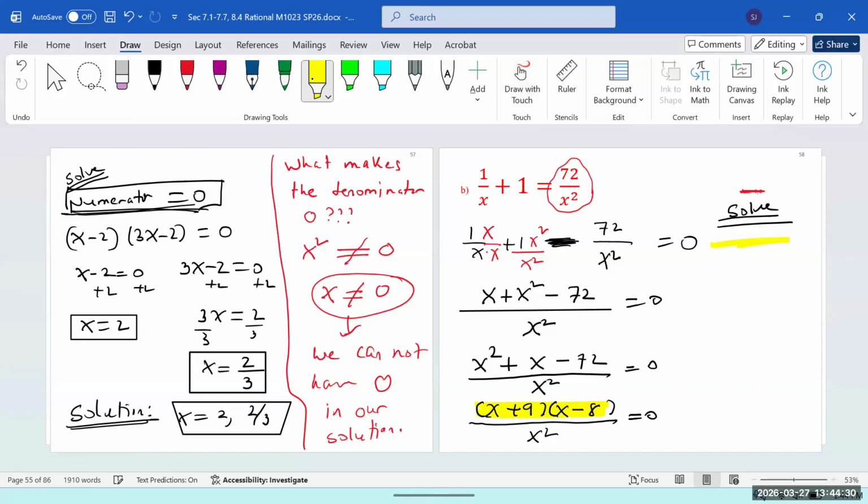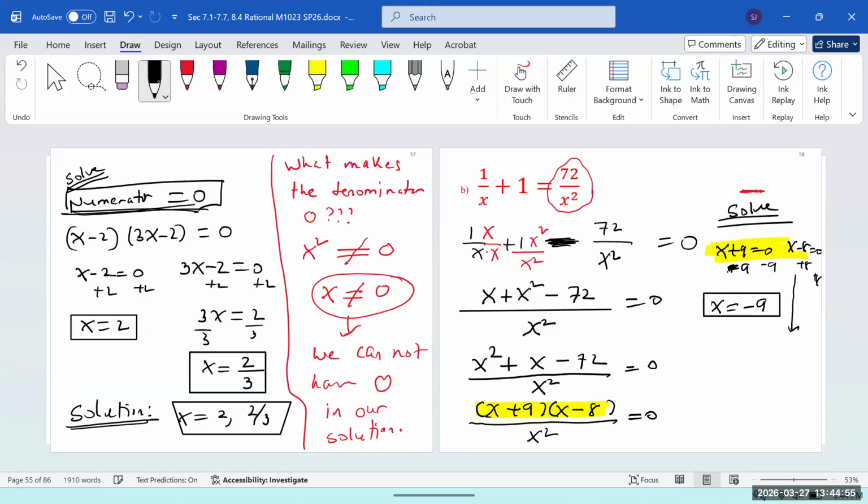If you don't, then you have to do both numerator and denominator. We take this numerator and we set each of them to be 0. x plus 9 equals 0. x minus 8 equals 0. So we subtract 9, add 8. Anyway, so we have x equals minus 9 from here.